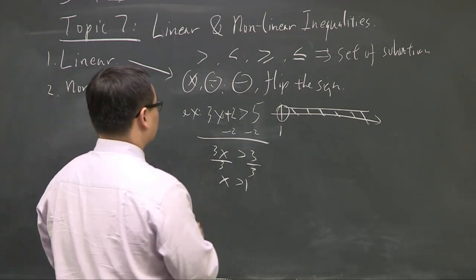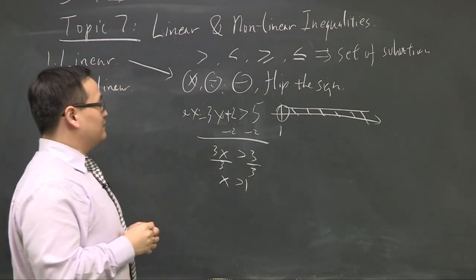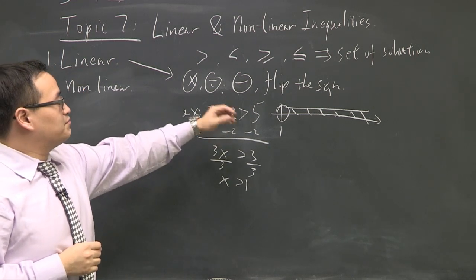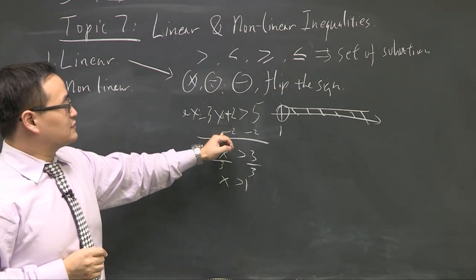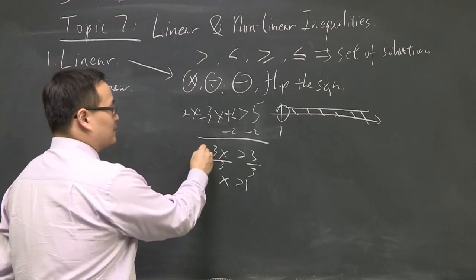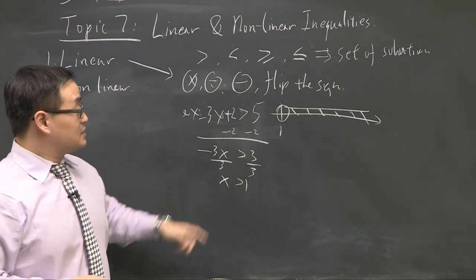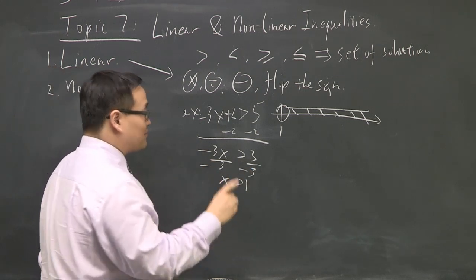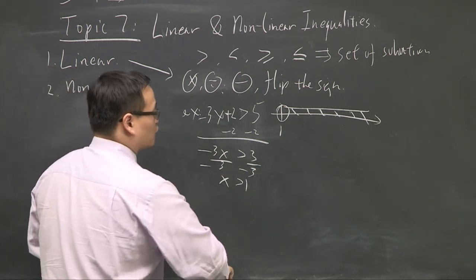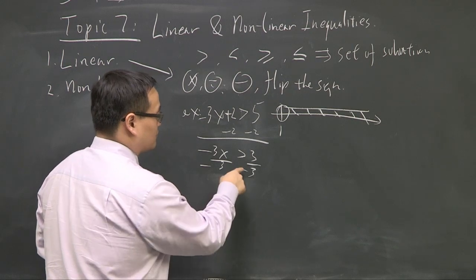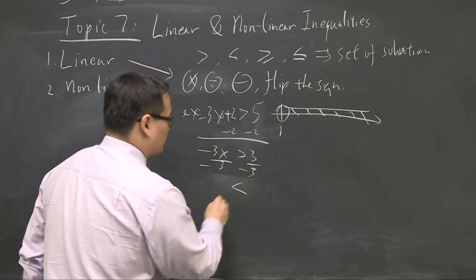For instance, I'm going to change this a little bit. I'm going to say negative 3x plus 2 is greater than 5. So I'll still subtract 2 from both sides. I will get negative 3x is greater than 3, right? So I will have to divide by negative 3. Again, in your head, this should automatically flip. You need to flip this sign. It's no longer greater than, it will be less than.